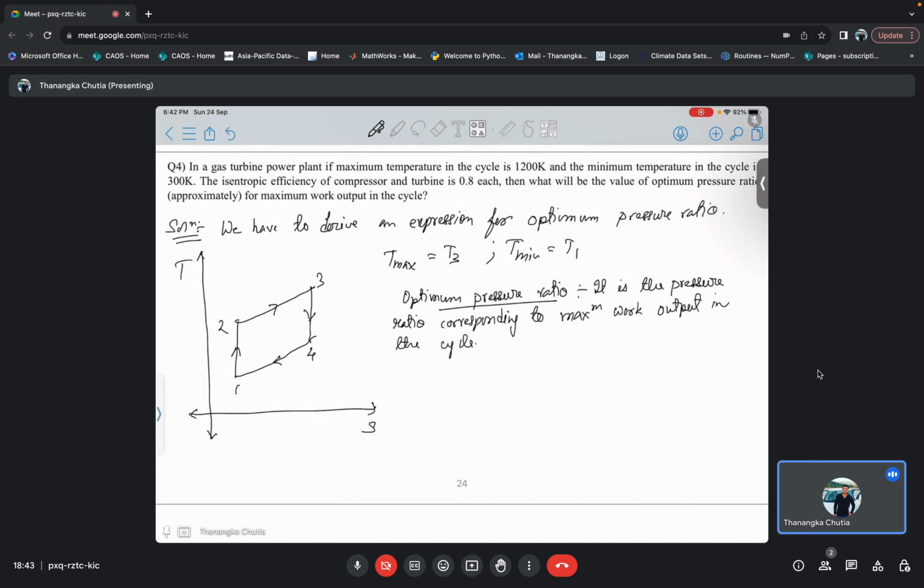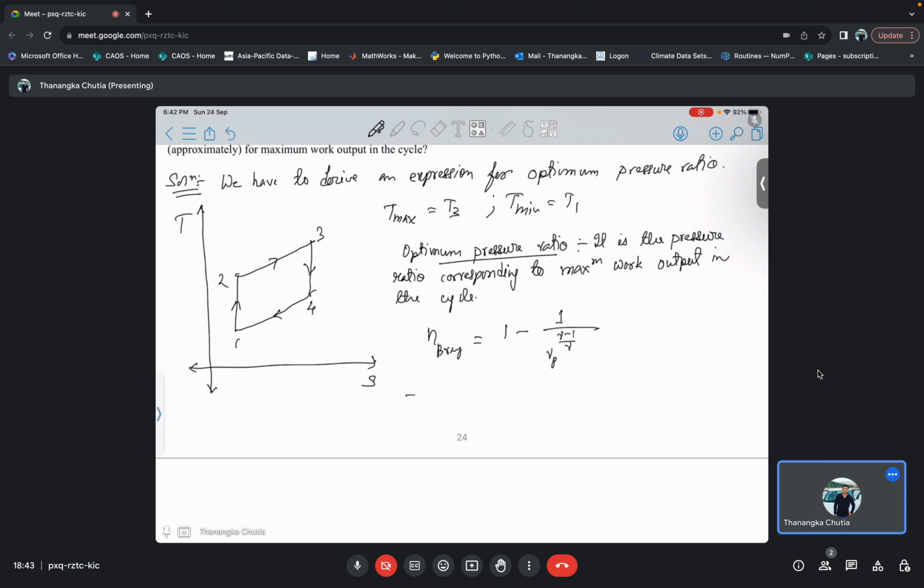So we know that eta Brayton is equal to 1 minus 1 by rp to the power gamma minus 1 divided by gamma.